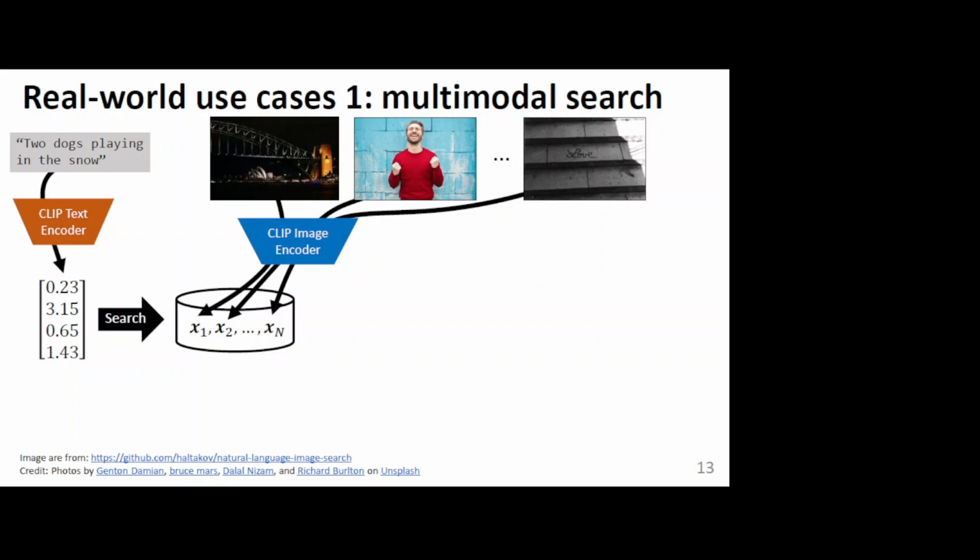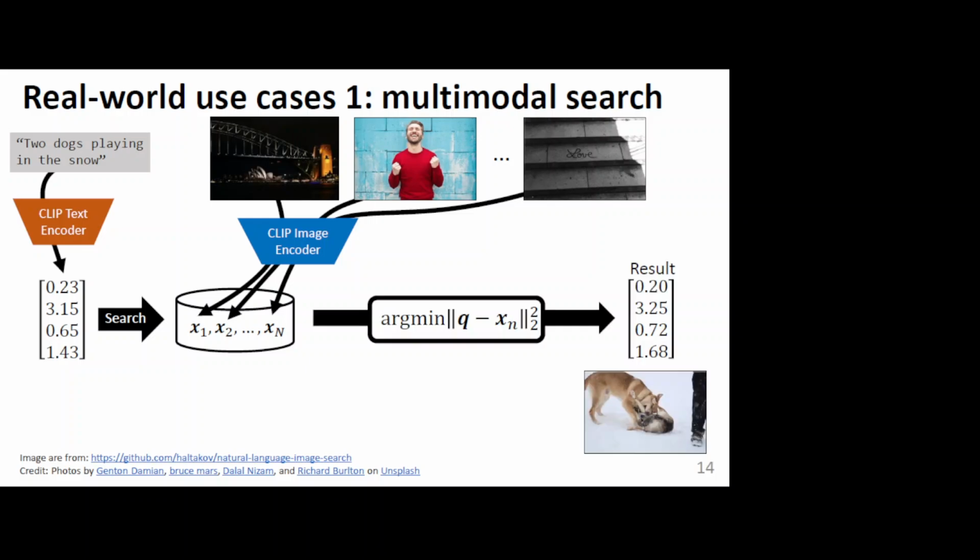So this is the way to perform a multimodal search. With the same concept, you find the smallest distance and return the result. And the result is the corresponding image like this. In this case, you can think it's successful because it matches your text description.